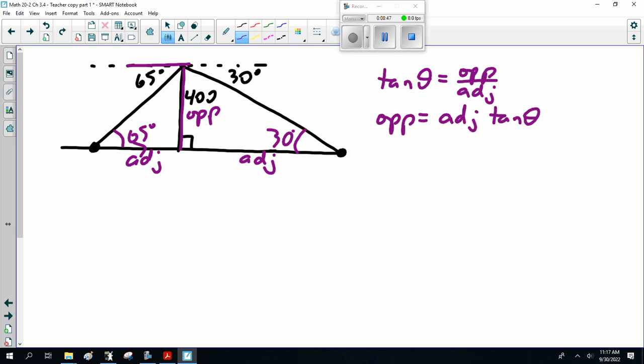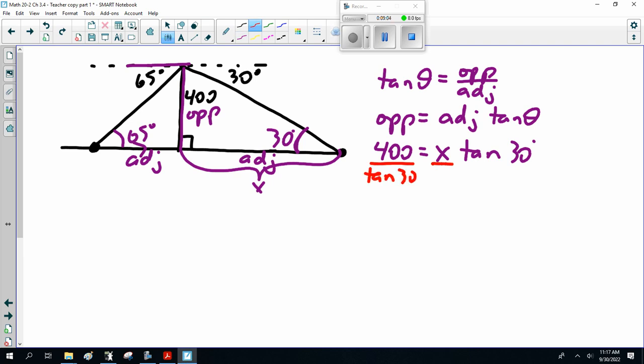So the opposite is, let's do it for the 30 degrees first. 400 meters is, I'm going to call this x, times tan of 30. How do I get rid of times tan 30? Divide both sides by tan of 30. So x equals 400 divided by tan 30.